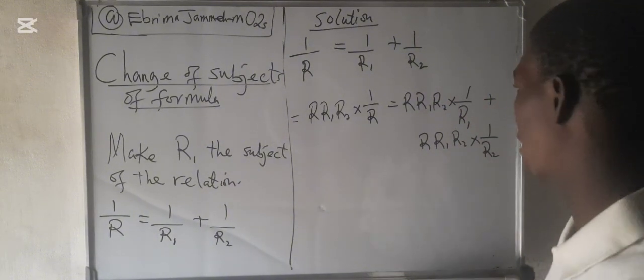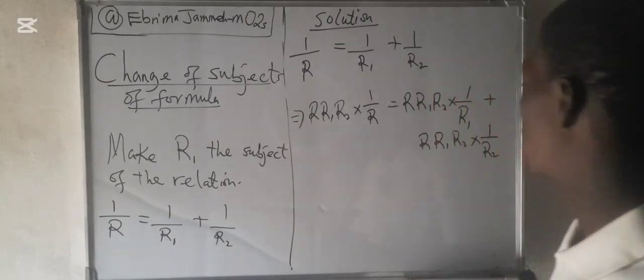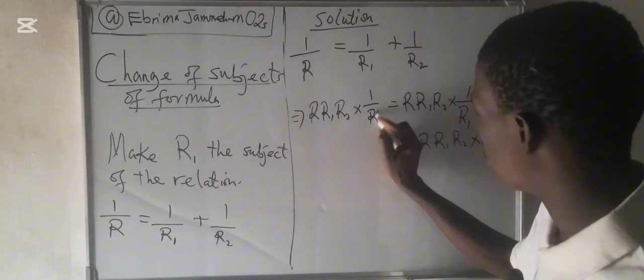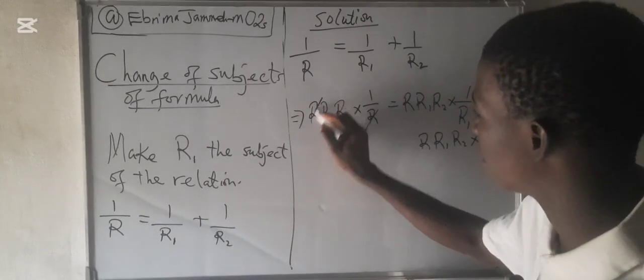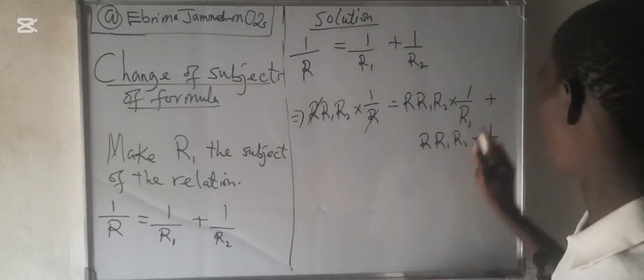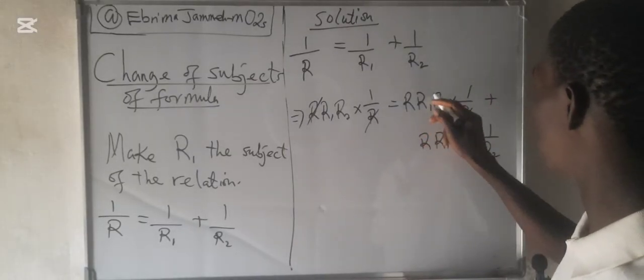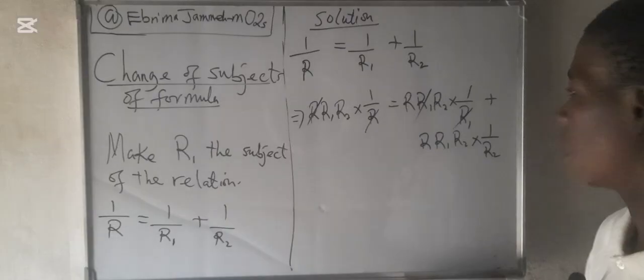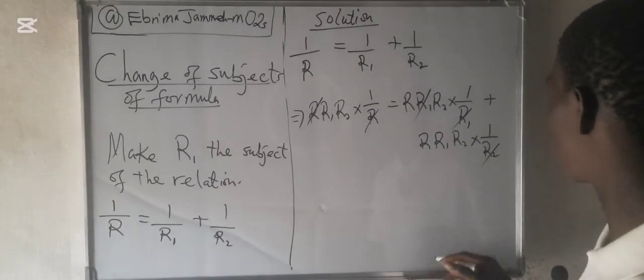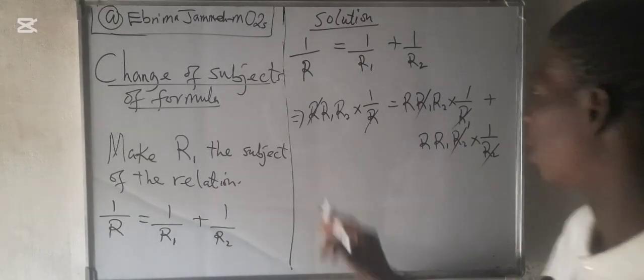Now, you can see that this R can cancel this R. Also, this R1 can cancel this R1. And this R2 can also cancel this R2. Now, what are you left with?